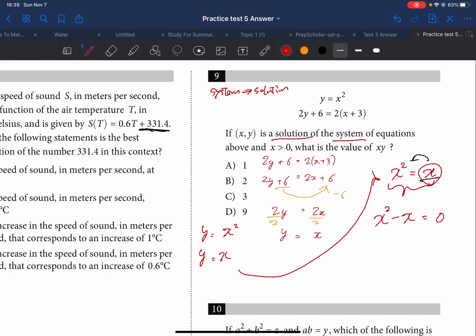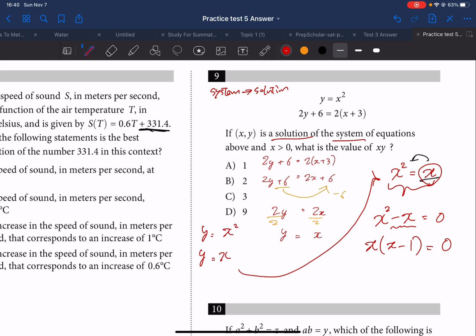Then let's divide it by x. If you divide x squared by x, this becomes x. If you divide negative x by x, this becomes -1. Now we have 0 on the other side.